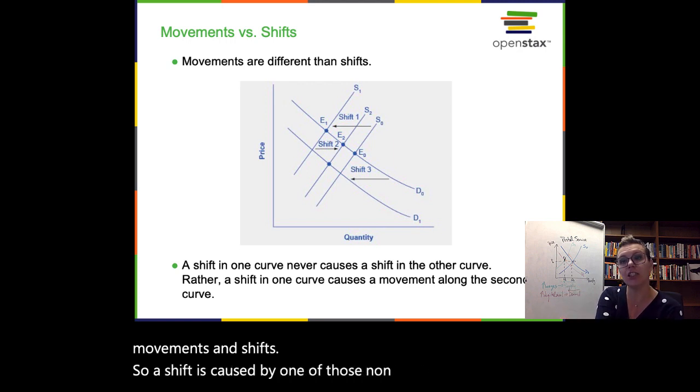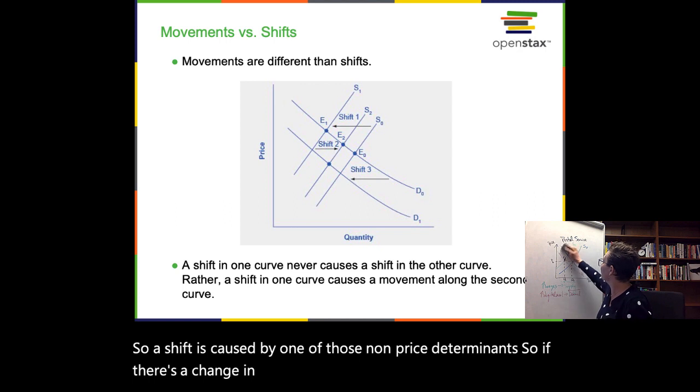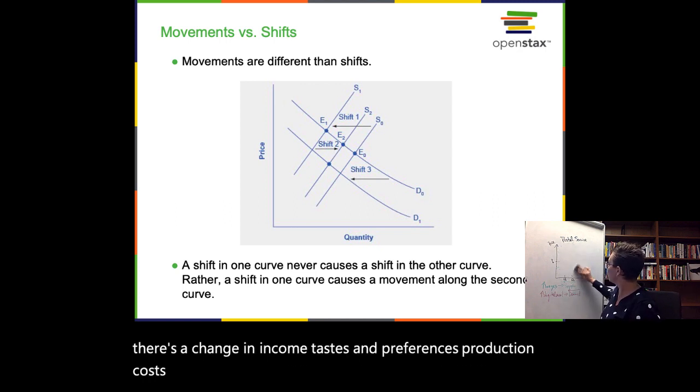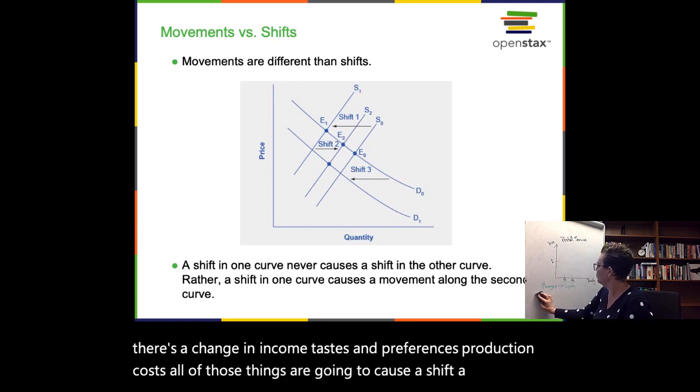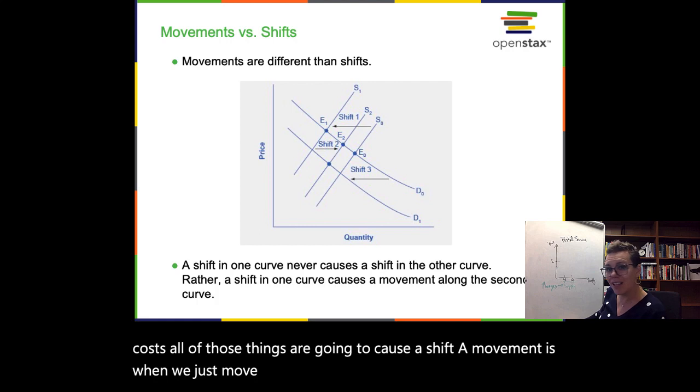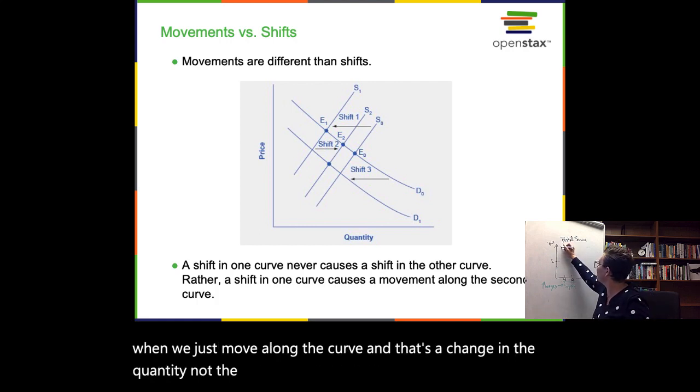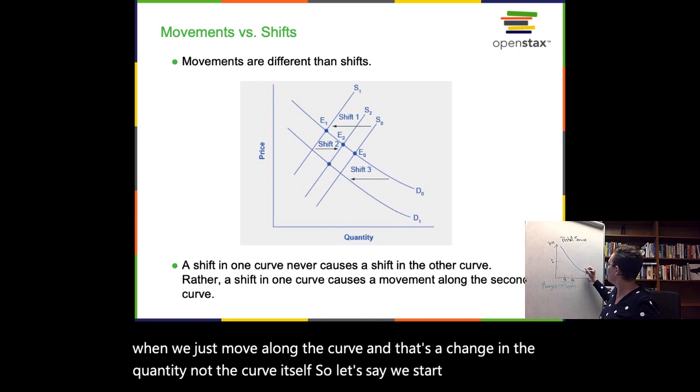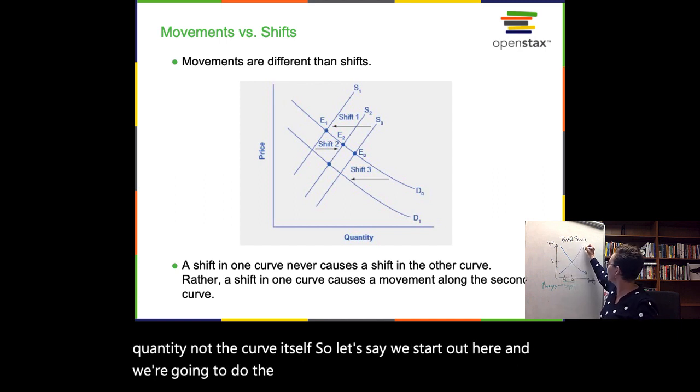So if there's a change in income, tastes and preferences, production costs, all of those things are going to cause a shift. A movement is when we just move along the curve, and that's a change in the quantity, not the curve itself.